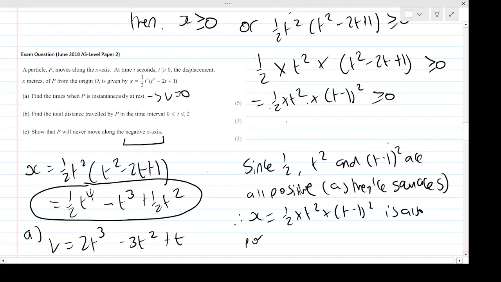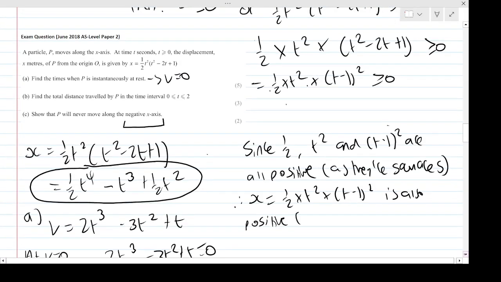And there we are. If you want to, you could say that because a positive times a positive times a positive equals positive. That's what you want to say.